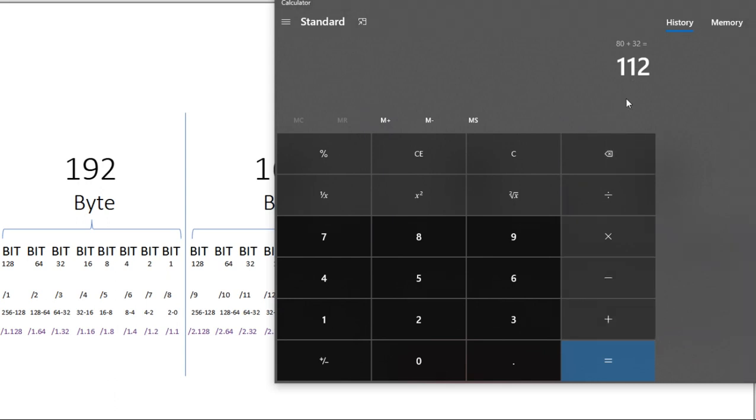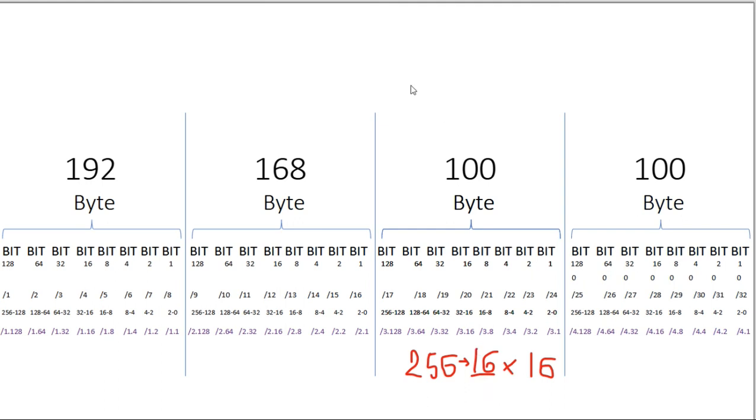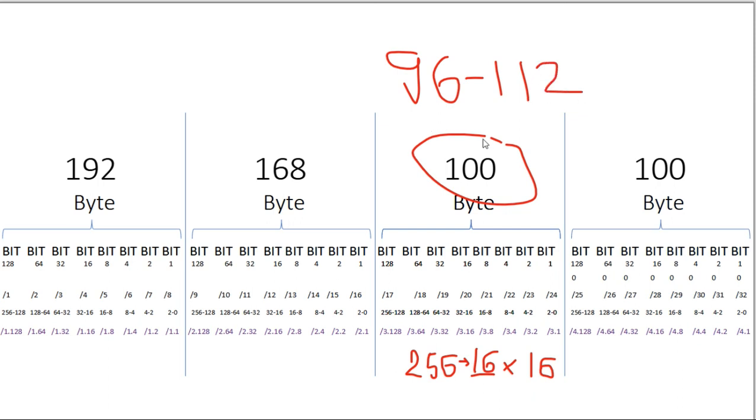So you know it's between 96 and 112. That's it.